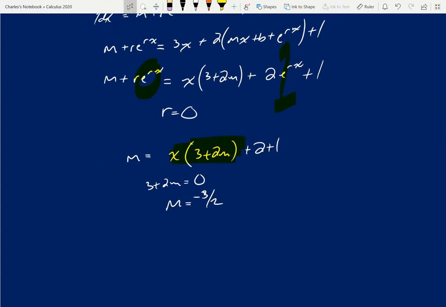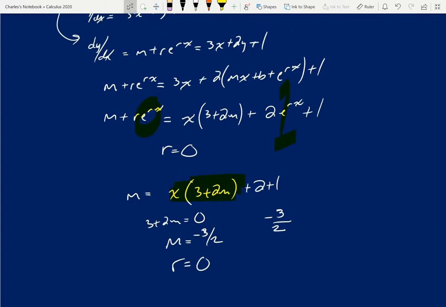And so then I can go on, m is equal to negative 3 halves, r is equal to 0. Now I get negative 3 halves. Let's see, what did I forget here? I've forgotten that there's a plus 2b in here. Okay, so negative 3 halves is equal to 2b plus 3.